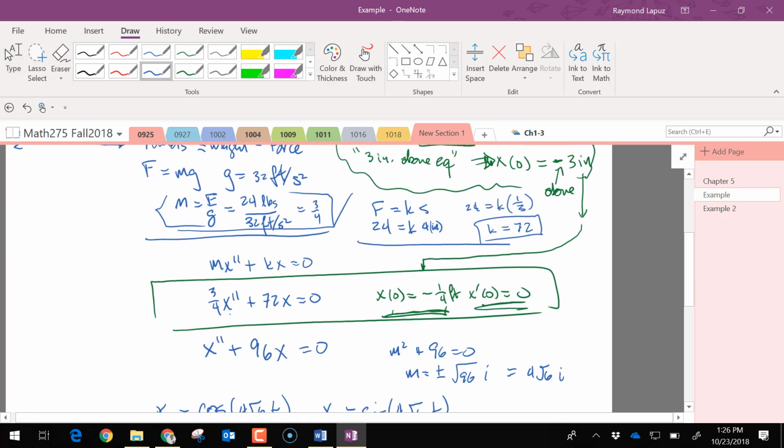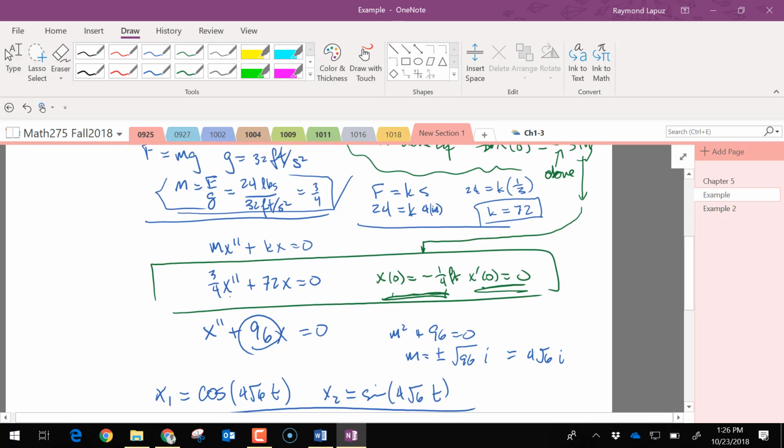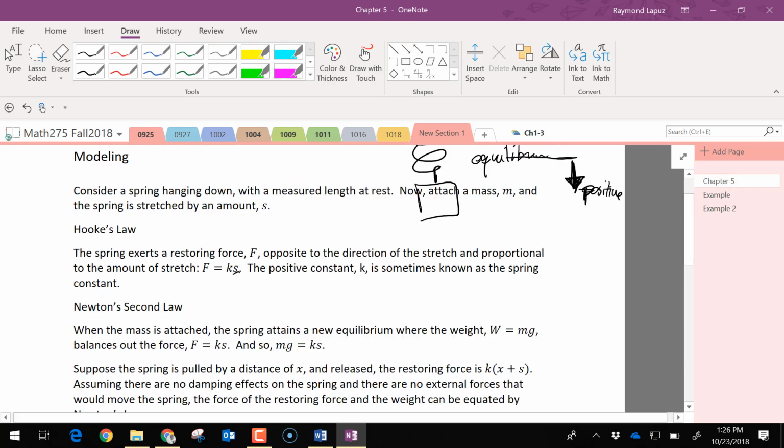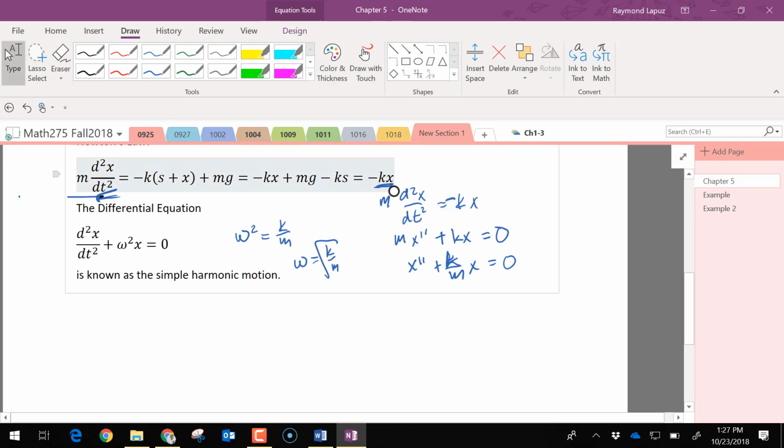We have 96, right? And then this is the square root of 96. Oh yeah, that's why they want to call it omega squared from the beginning.